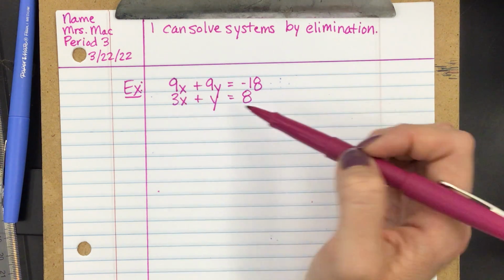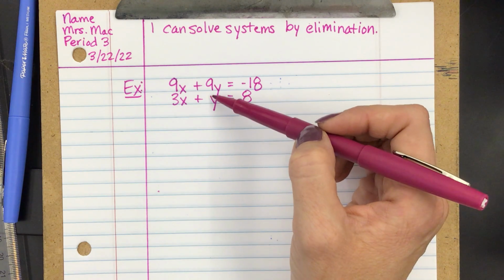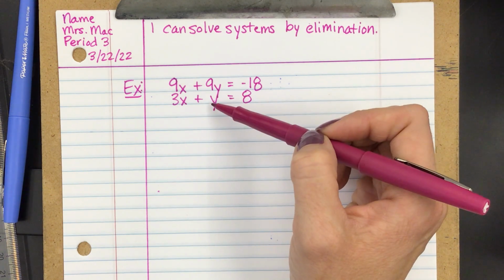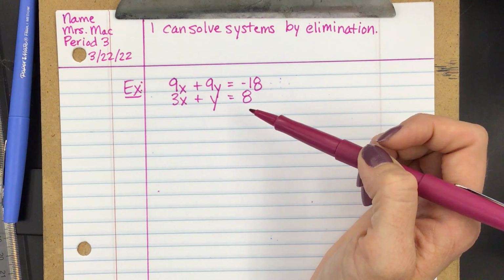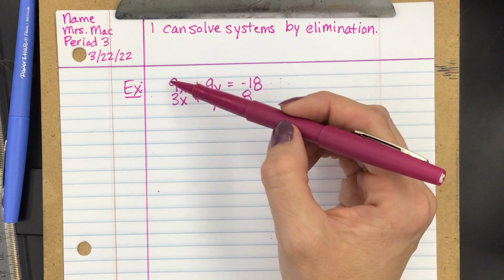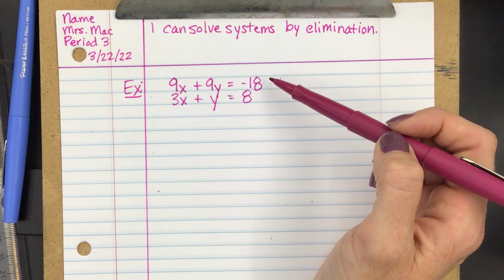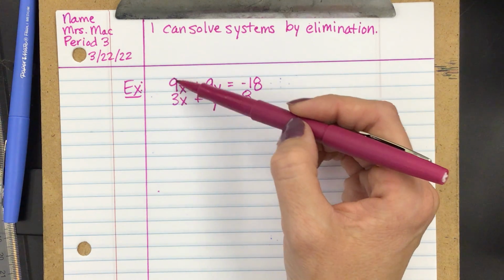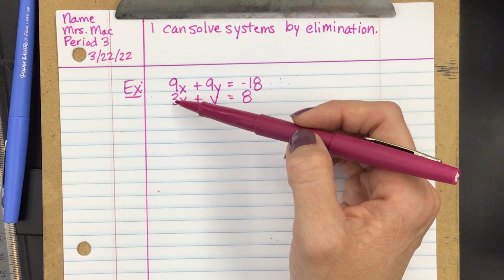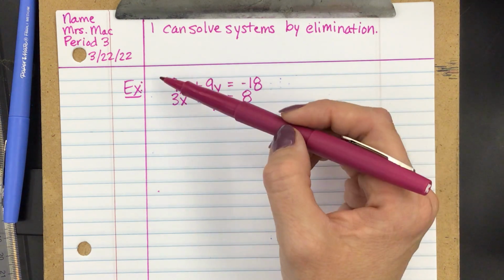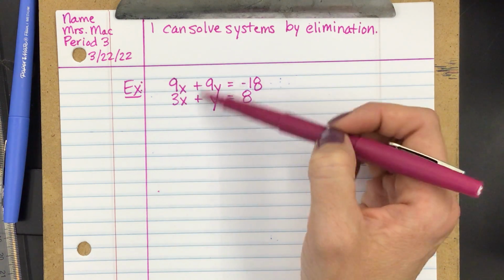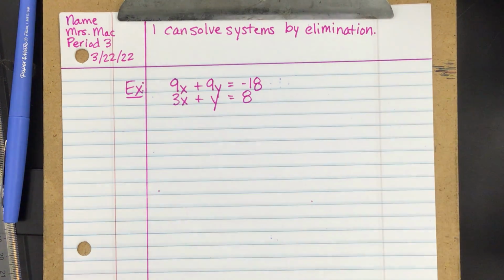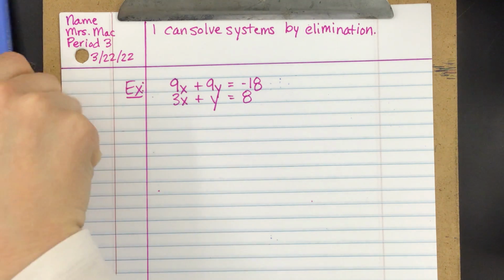Or if I multiplied both sides by negative 9, then the coefficient would be negative 9, and you'd be able to eliminate. Somebody in my other class pointed out you could divide the top equation by 3, or negative 3, and then this would be a 3x, and you could eliminate that. Or you could divide both the top and the bottom by 9, or negative 9, and then these coefficients would be the same. So there's a world of possibilities here when you're looking at your system of linear equations.